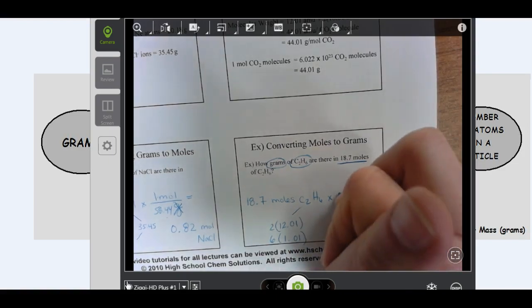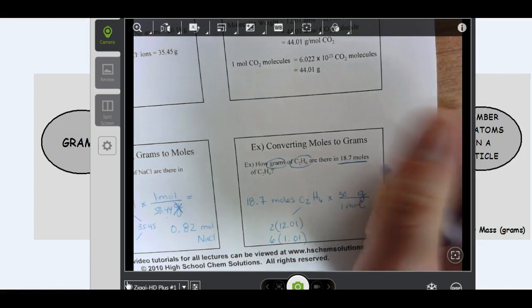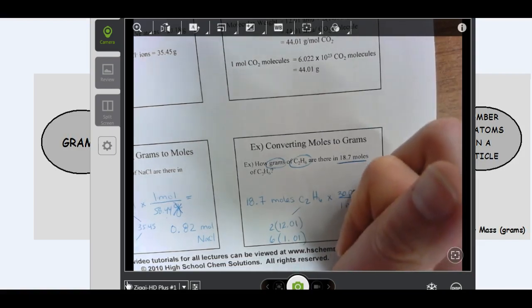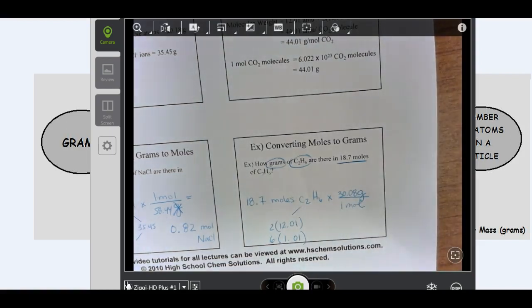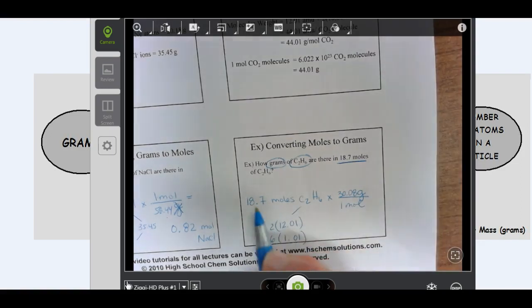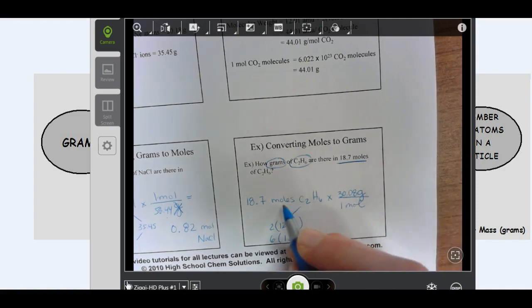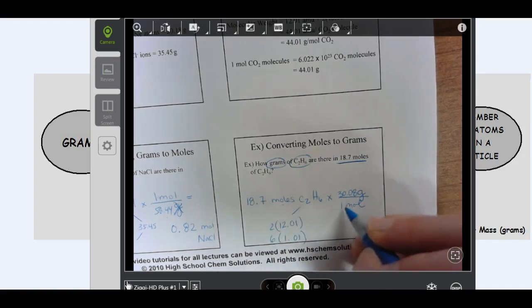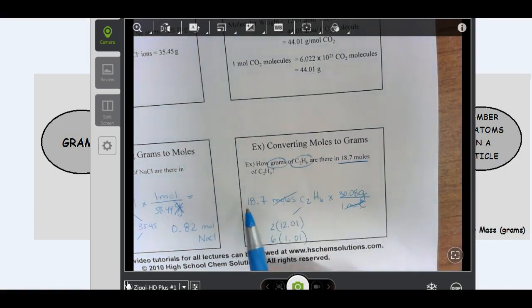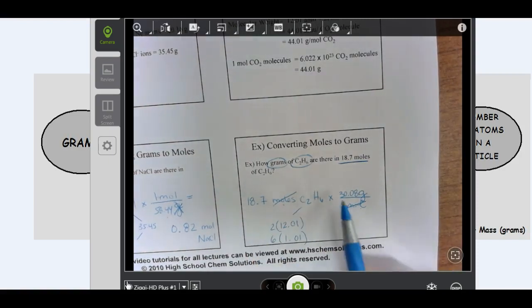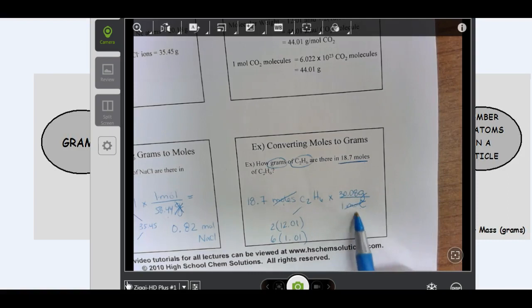All right, so that's going to end up being 30.08 grams. All right, so here I have 18.7 moles times 30.08 divided by 1 mole. So moles divided by moles, so moles will cancel. So I'm going to do 18.7 times 30.08 divided by 1.